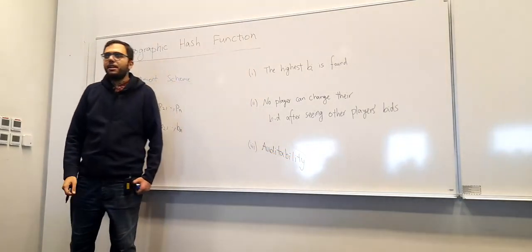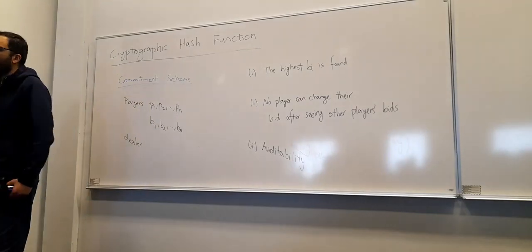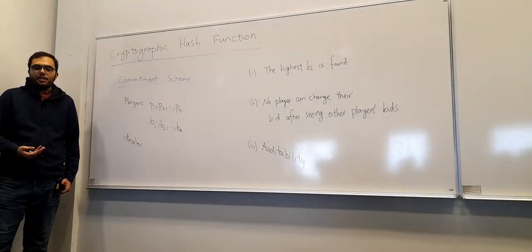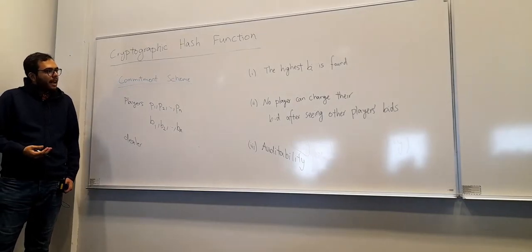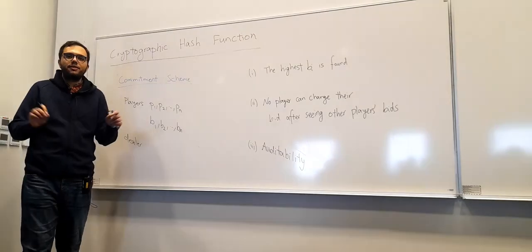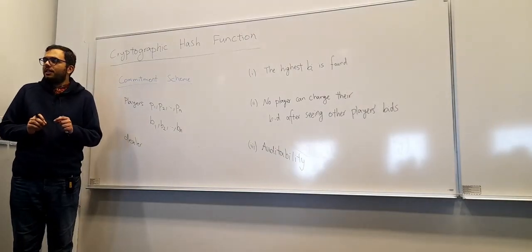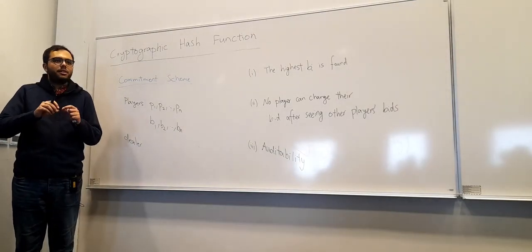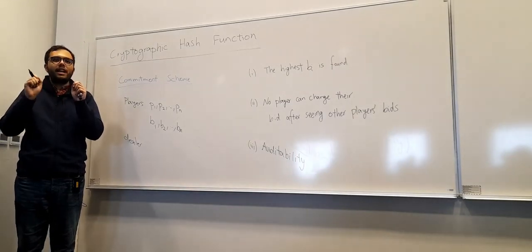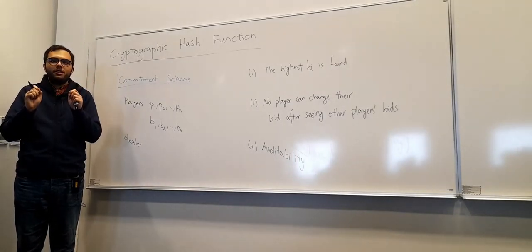So all the players should be able to verify that this system worked correctly. Another way of thinking about this is that if you consider a real-world physical auction, the way it works is that the dealer opens the envelopes in front of everyone and shows everyone the values in the envelopes, right?